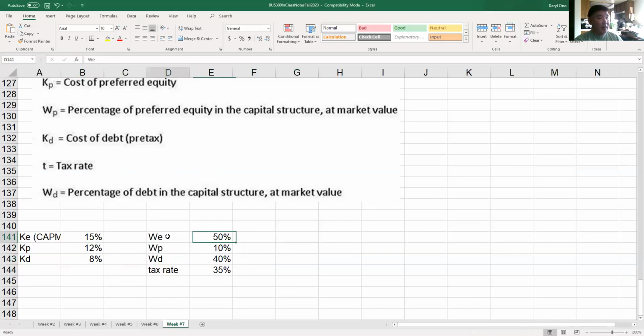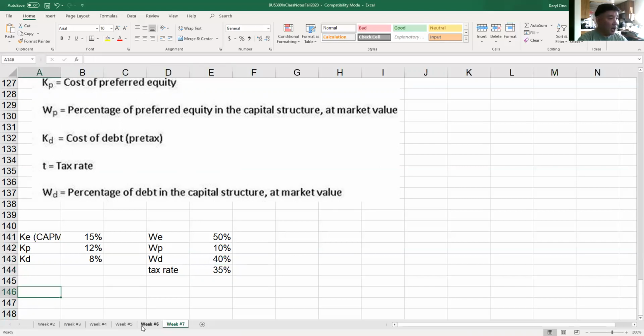However, this plus this plus this must be equal to 100%, and we see that it's true: 50% plus 10% plus 40%. And the tax rate here is given to us at 35%. All right? So here we go.